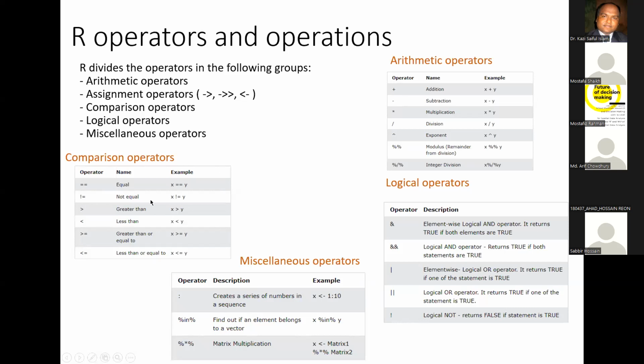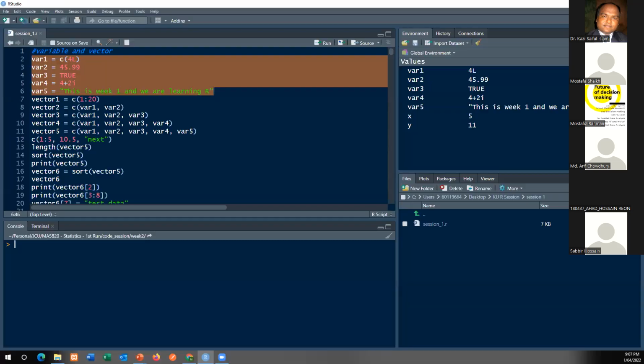Now the logical operation is taking the logic, and it always gives you a true or false answer. These are the symbols, and these are part of our language. If you want to make a comparison between two variables, you use double equal. Then not equal, greater than, smaller than, greater than or equal, smaller than or equal. So let's have a quick look here in RStudio, because I already have x and y.